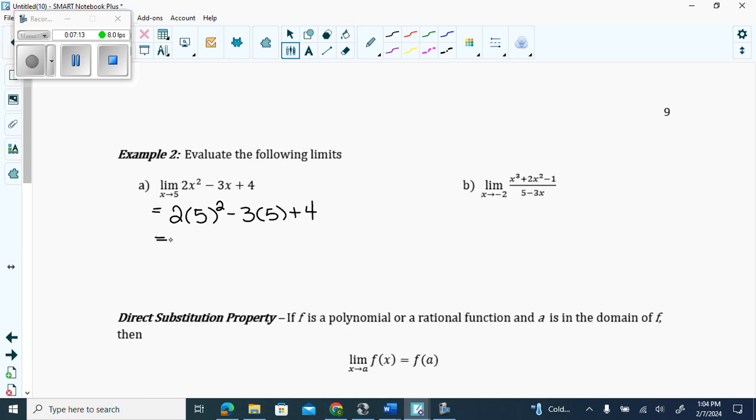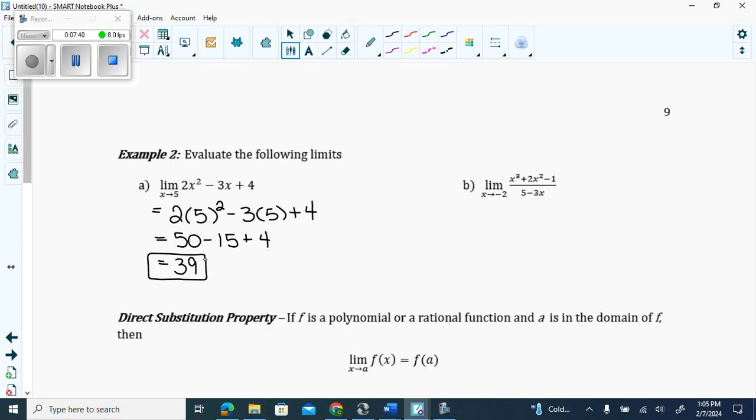And so we get 25 times 2, which is 50, minus 15, plus 4, which is, what do we get? 39. So from the left of 5 and the right of 5, it's approaching 39, and at 5 it is 39, because it's a continuous function.